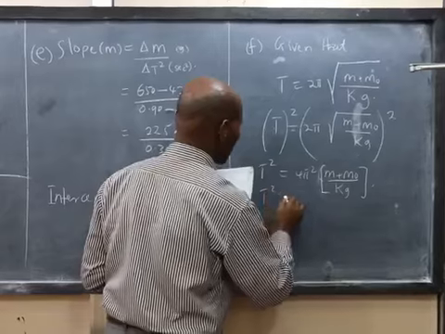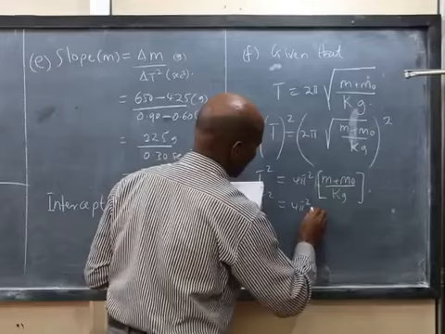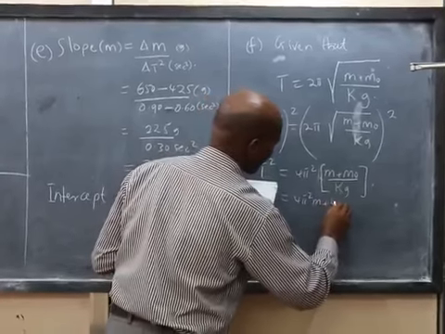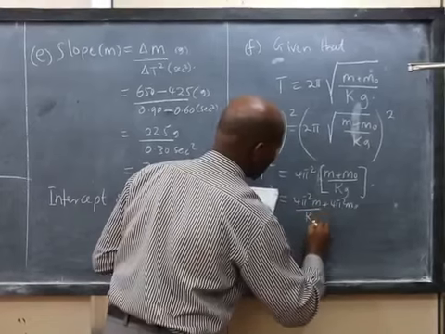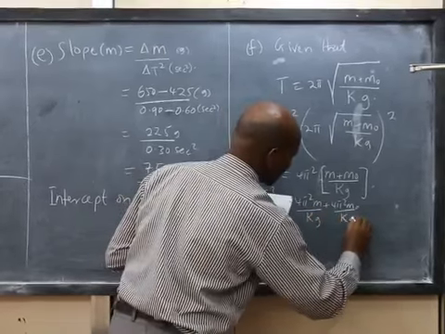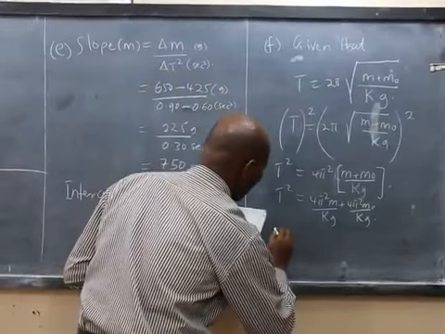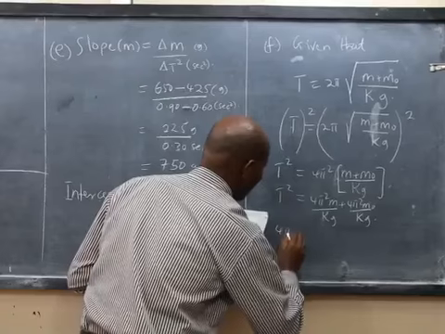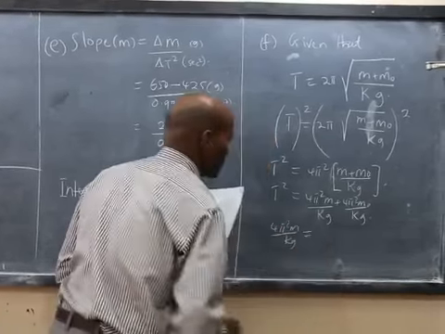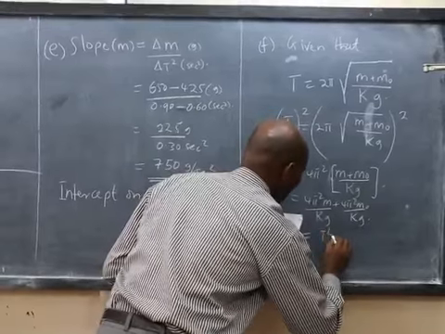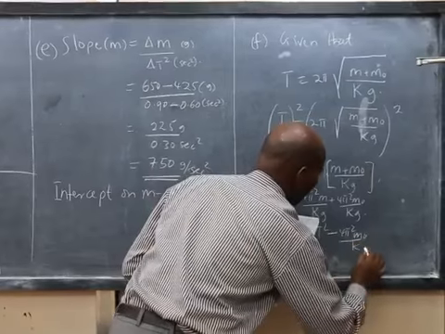Opening the bracket, that is 4 pi squared m plus 4 pi squared m naught, both over kg. So 4 pi squared m over kg equals T squared minus 4 pi squared m naught over kg.